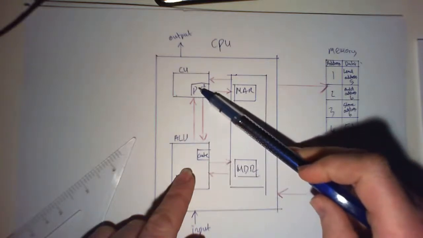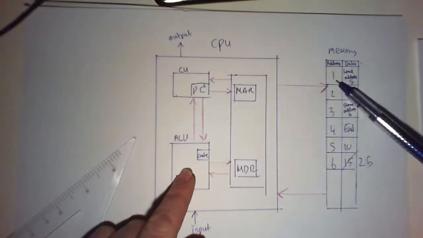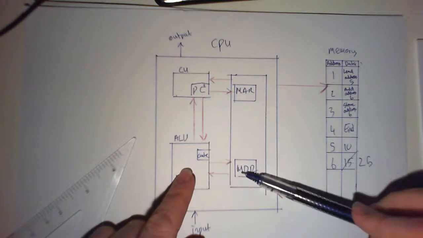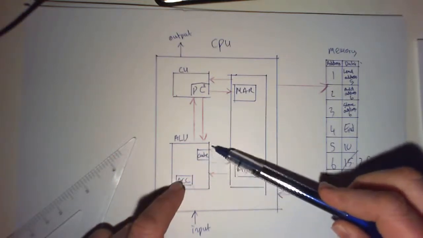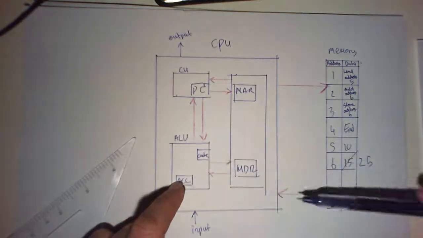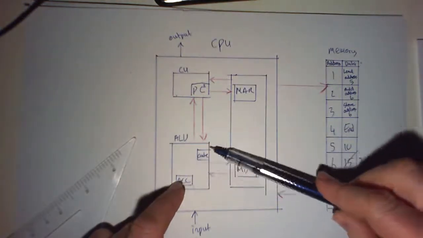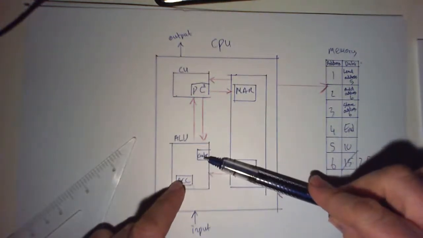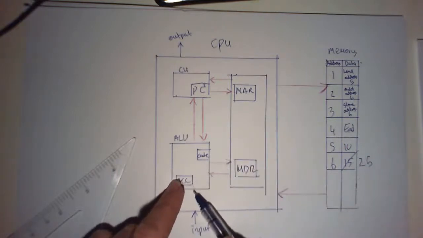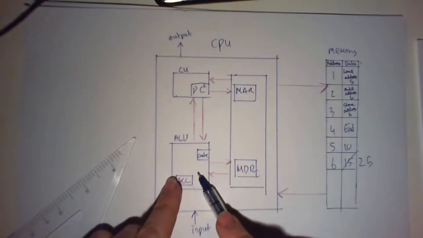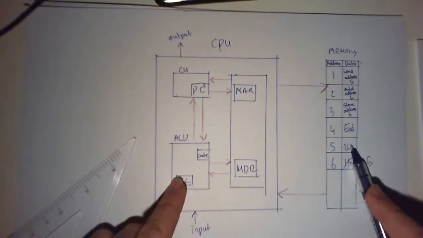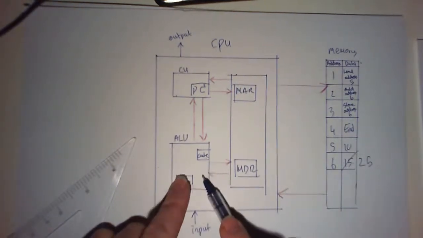So it will send a message through the MAR to the memory to find 5, bring it into the MDR, and store it in the accumulator or wherever, and keep a copy in the cache. Everything that comes back in through the MDR is kept in the cache. Okay, so now we have 10 in here somewhere, but there's no instruction to do with 10. Look, 10 doesn't have any instruction with it, so it's just there.